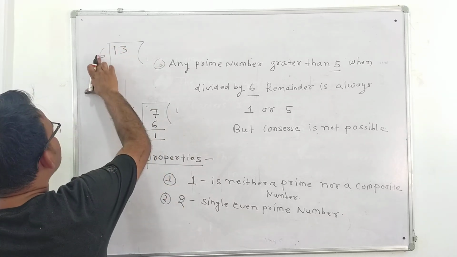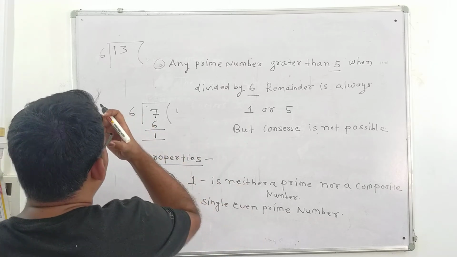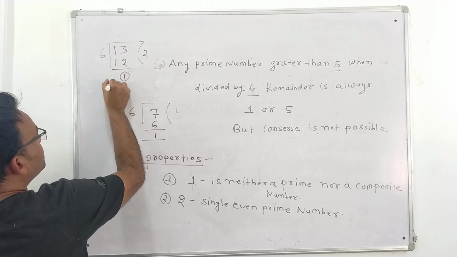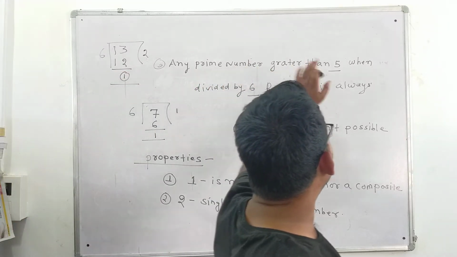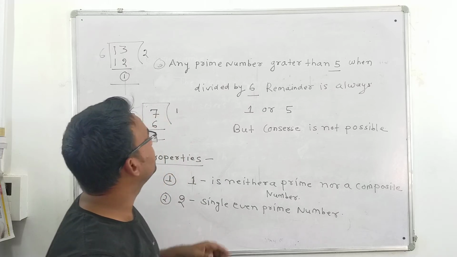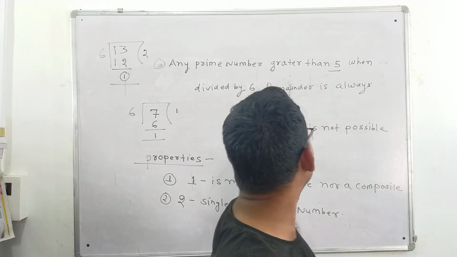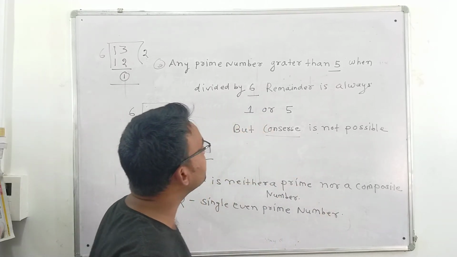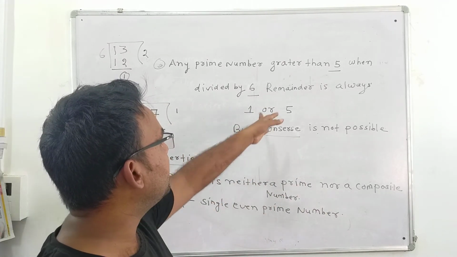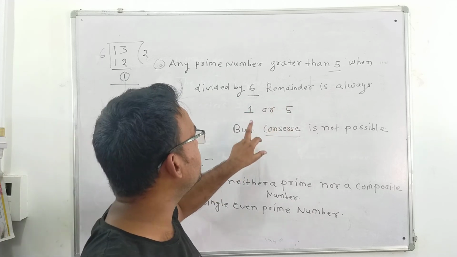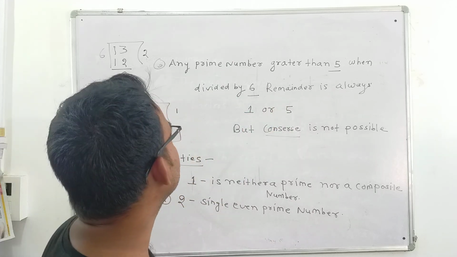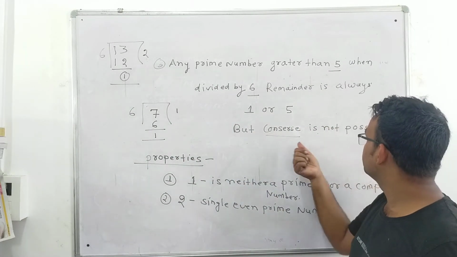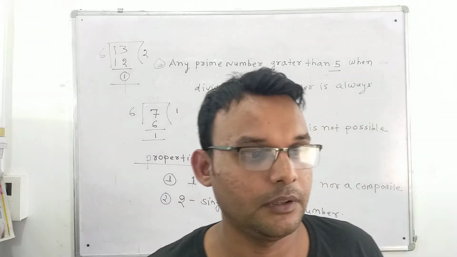What will be the remainder? 2 times 12, remainder is 1. Therefore, any prime number greater than 5 when divided by 6, the remainder is always 1 or 5, but the converse is not possible. Means if any number divided by 6 gives remainder 1 or 5, you cannot say that number is a prime number. That is why it is written that the converse is not possible. Okay.